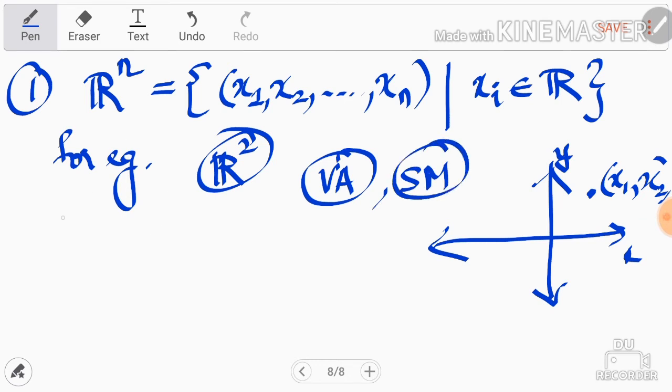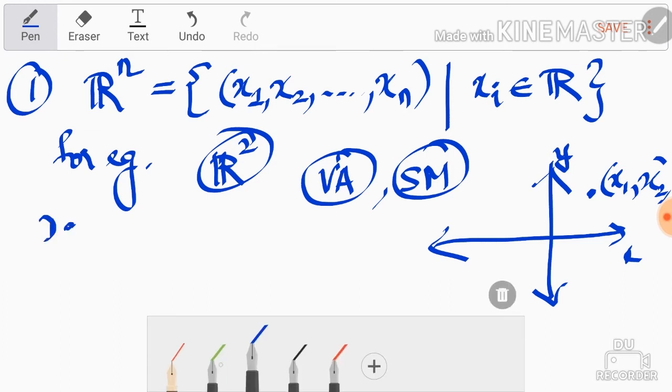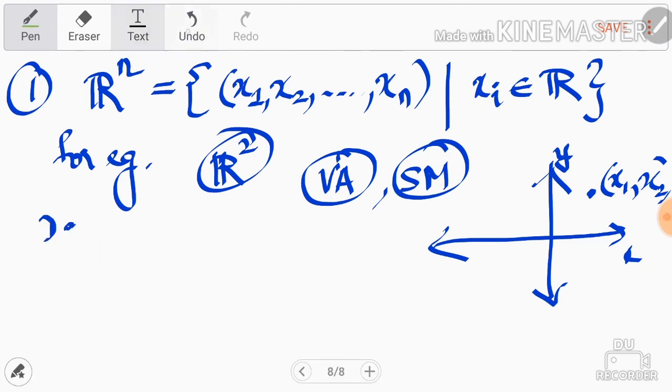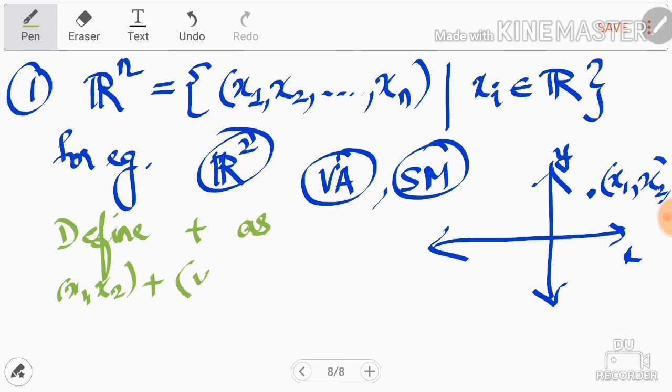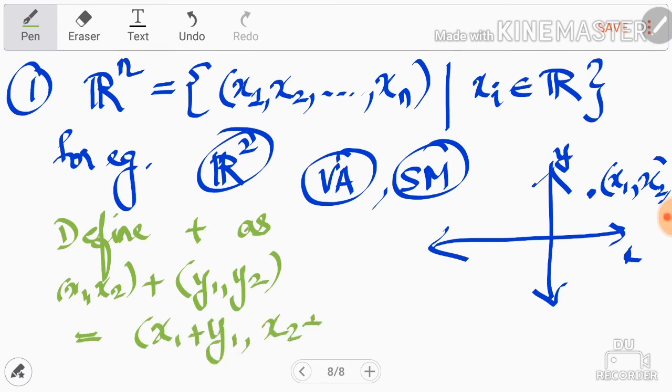So let us see. Let me use some other color. I can define the vector addition plus as (x1, x2) + (y1, y2) = (x1 + y1, x2 + y2).